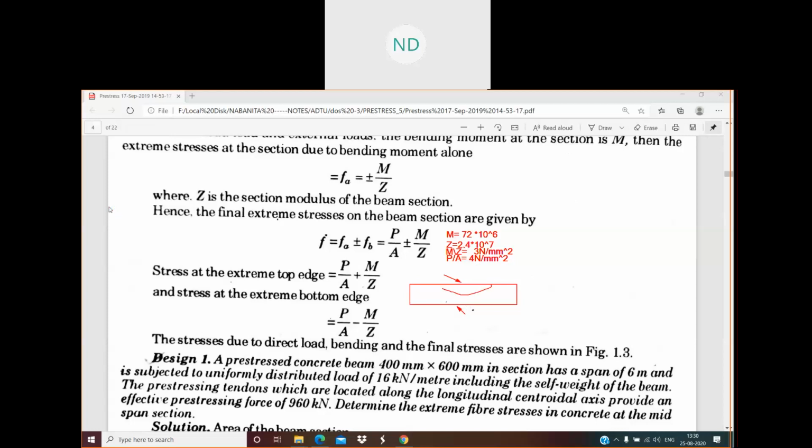Now if you calculate, how much will be your top fiber? P by A plus M by Z, that means 4 plus 3, that means 7 Newton per mm square. And the bottom fiber at the mid-span section, what is your extreme bottom fiber stress?